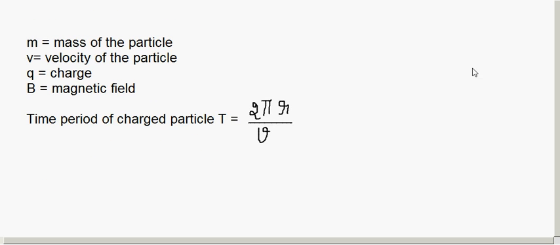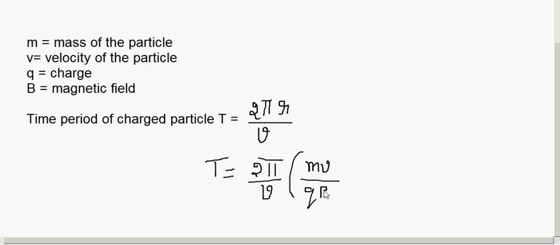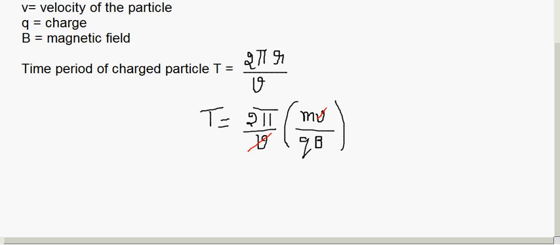What do we get? T is equal to 2 pi by v into mv by qB. Now cancel out the common terms. Velocity and velocity will get cancelled, and hence T is equal to 2 pi m divided by qB.